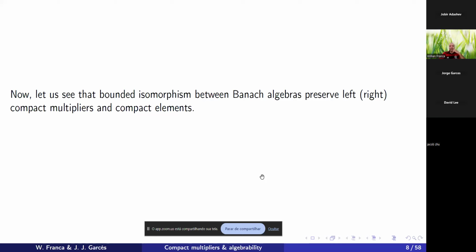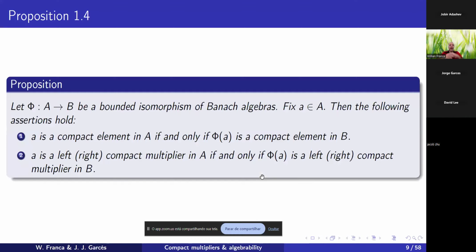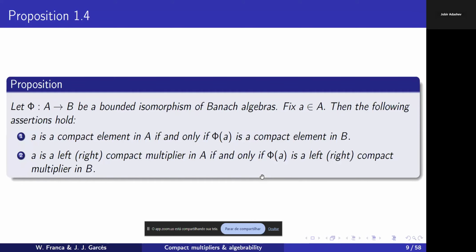Now let's prove the only result for which we are going to present the details. It is the following. Suppose we have a bounded isomorphism of Banach algebras, that means A and B are two Banach algebras and my map phi is linear, continuous, and also multiplicative, so it preserves multiplication.